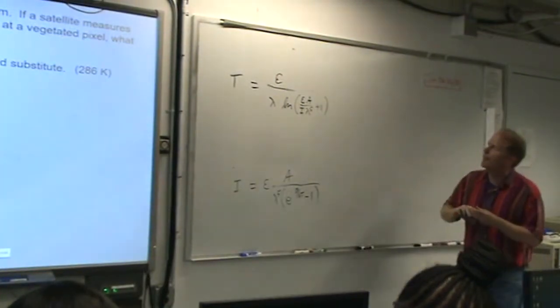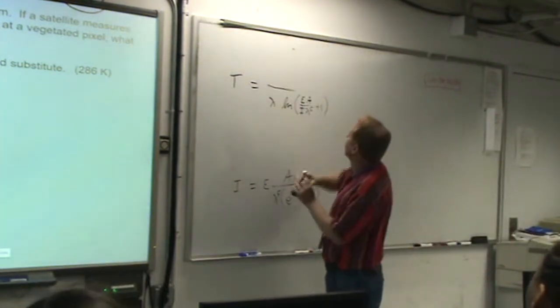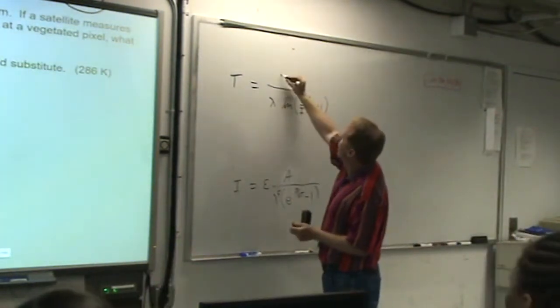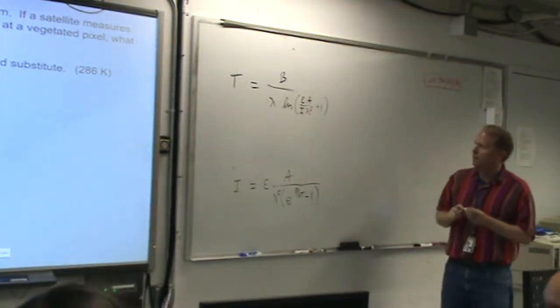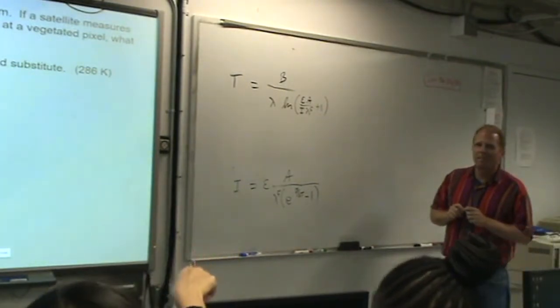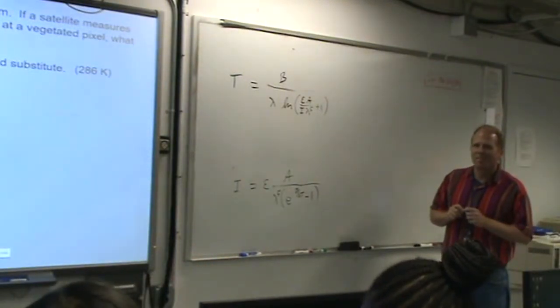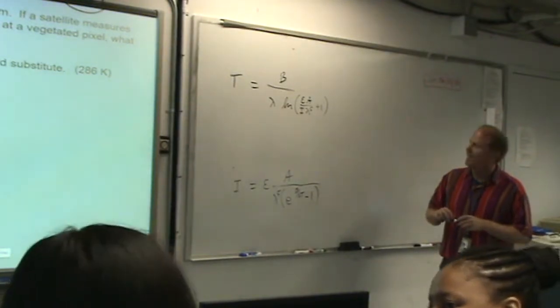Now what did people get? Wait, do I have two E's? Plus one should be outside, because you have to put the natural log for everything.